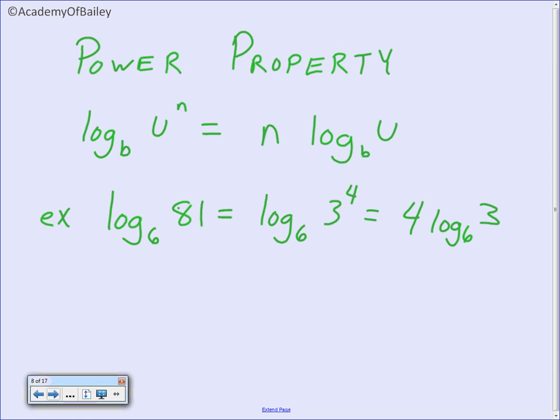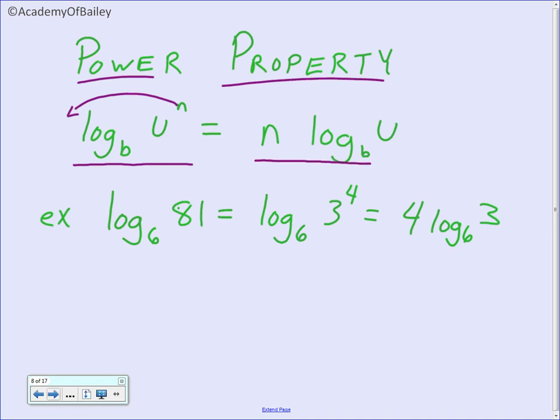Now the power property. So if we have log base b of u to the n power, what you will do is you'll just take the power n and it goes out in front of your logarithm to get n times log base b of u.